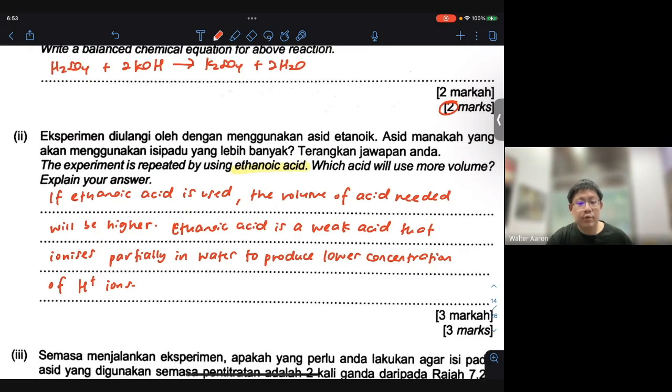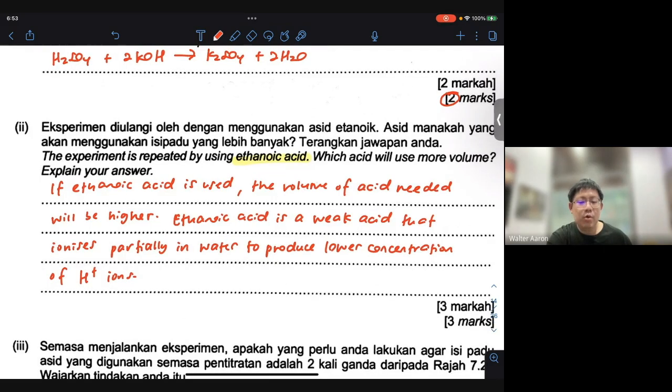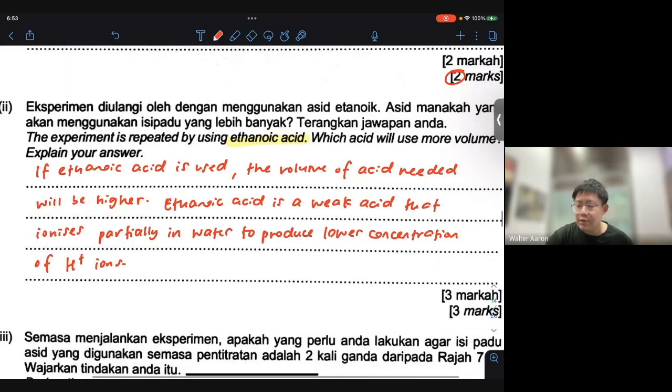Okay, so you say here that more acid is required because there's a decrease in hydrogen ions, but actually it's enough really to get 3 marks over here. So how are the marks distributed? It's actually very simple. If you say that more acid is used, volume needed is higher, you get 1 mark.